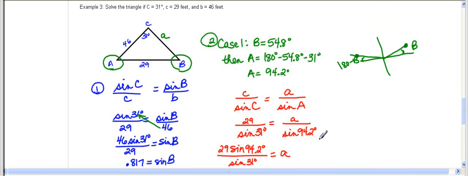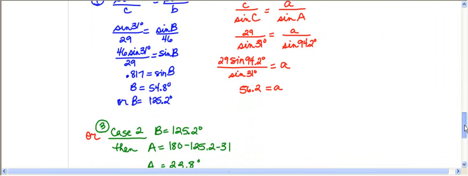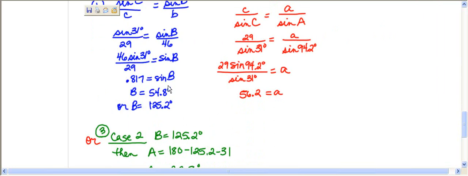Well, whenever we find out what B is by using the inverse sine, we get 54.8 degrees. Now the other possible angle that would exist is 180 minus 54.8, which is 125.2.